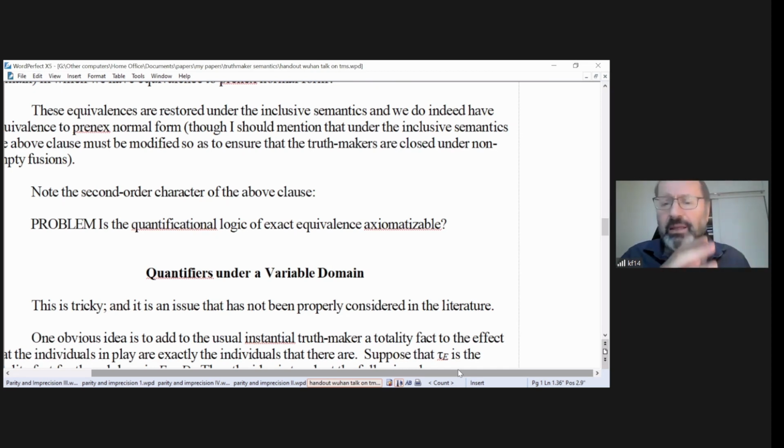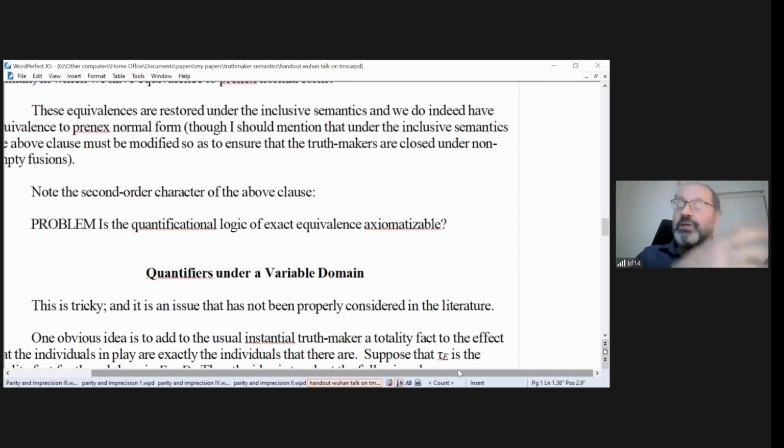So the domain of people or men could have been different. So if I look at a sentence like all men are mortal, depending on which men there are, the instances could be different. In the actual world, if we're talking about the men that there actually are, then each of us and all the people in the future being mortal could be a truth maker for all men are mortal.